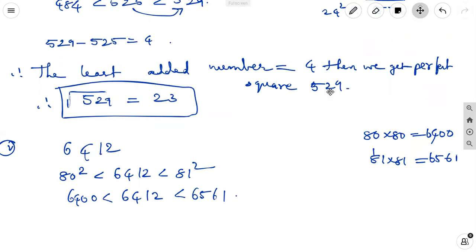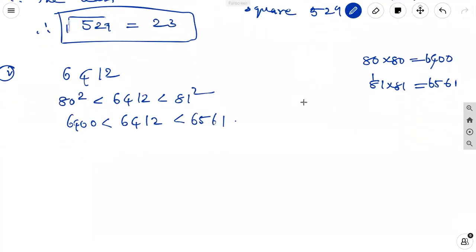But they are asking for the added number to get a perfect square. Here, 6561 minus 6412. How much are we getting when we subtract? We get 149.